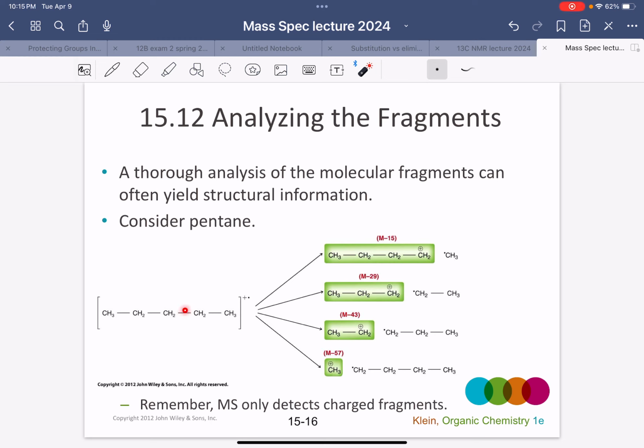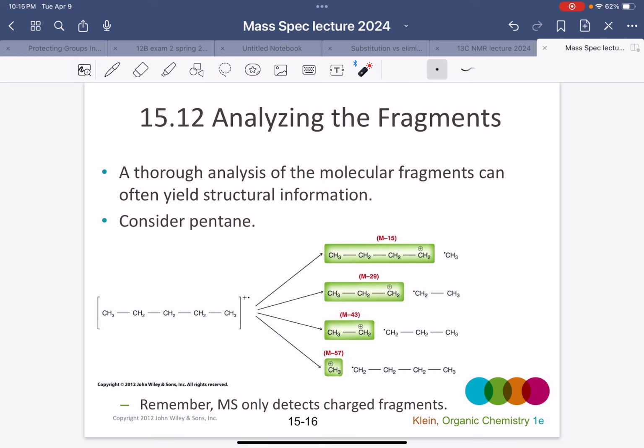If we got this bond breaking here, we'd get a propyl ion and an ethyl radical. And so the mass of ethyl is 29. There's 2 carbons, 5 hydrogens. So our propyl ion is an M minus 29 fragment.